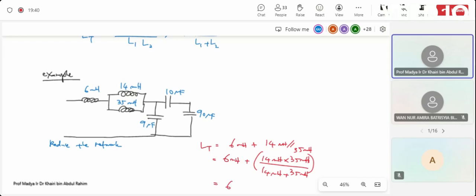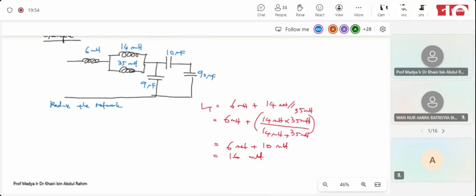What do you get? Okay. Now capacitor, I hope you still remember. For capacitor it's the opposite, so how do I do this? If it's the opposite, it adds.